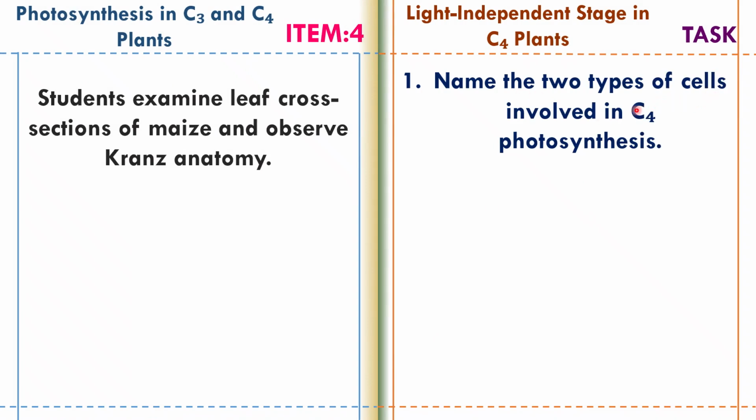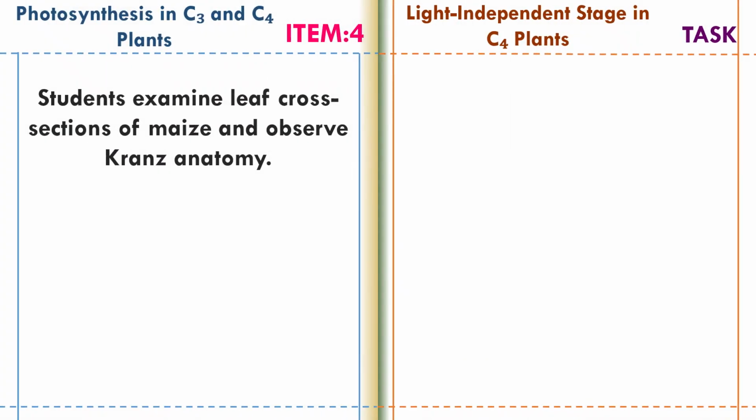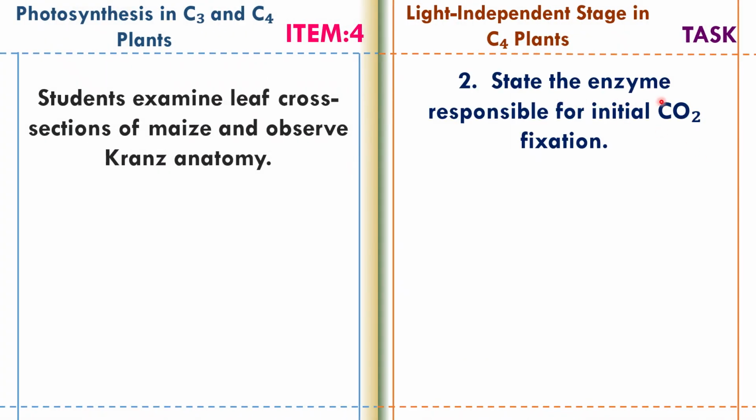Name the two types of cells involved in C4 photosynthesis. The mesophyll cells and bundle sheath cells. State the enzyme responsible for the initial carbon dioxide fixation. PEP carboxylase.